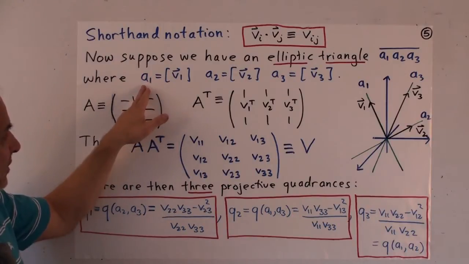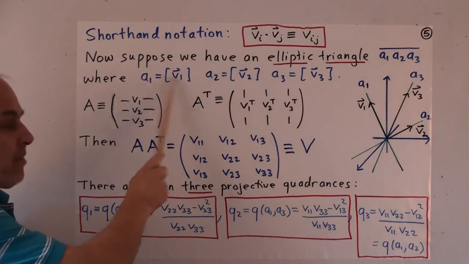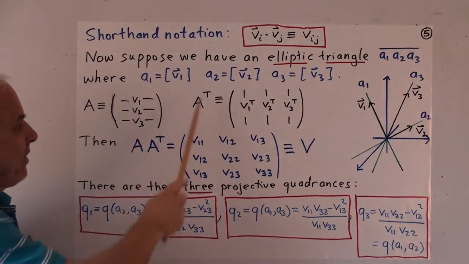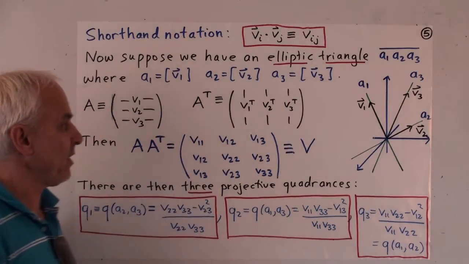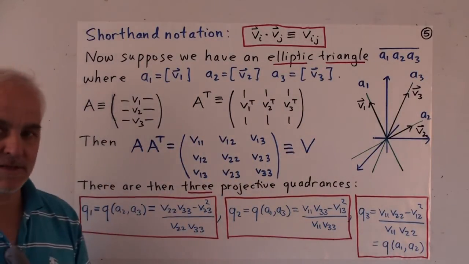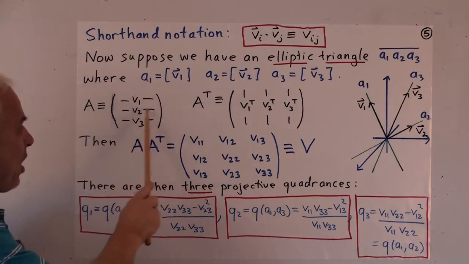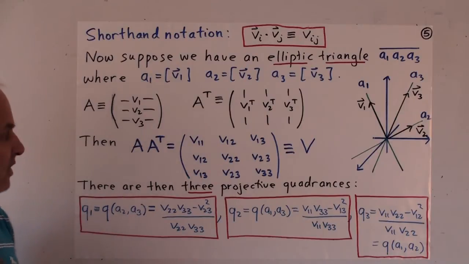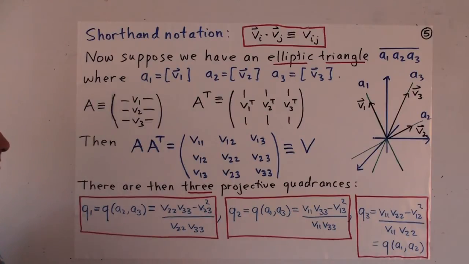We say that the projective point A1 is the line or projective point determined by V1, A2 is determined by V2, and A3 is determined by V3. And we encode all the information in this 3 by 3 matrix called A, whose rows are the three vectors V1, V2, V3. And I won't always write the vector sign over there.